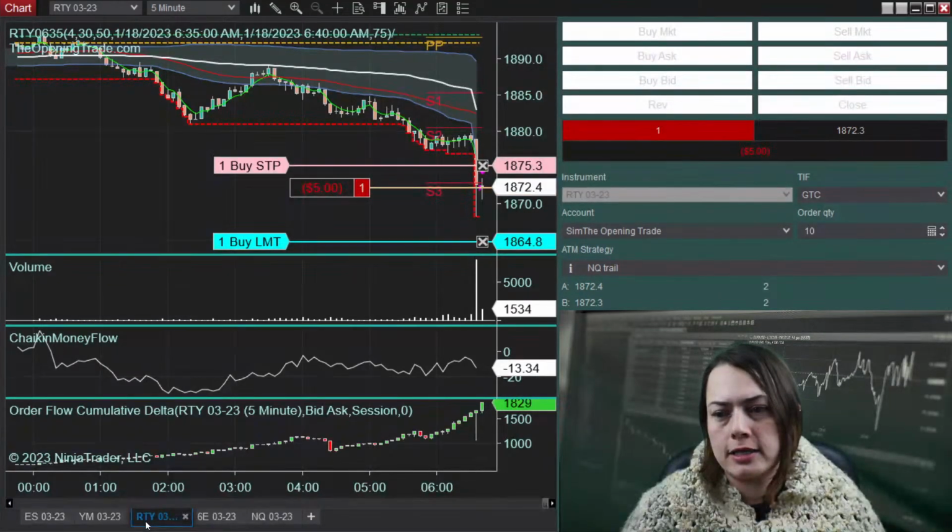We're into automated trades right now. This current chart we're looking at is the automated trade on the Russell 2000 futures.